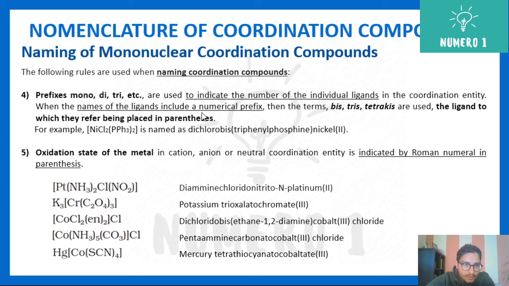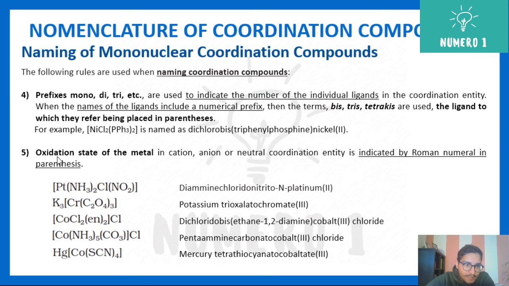That's the difference. Also here you can see NiCl2(PPh3)2. Here I have 2 chlorido, and then PPh3, which is twice. This will be triphenylphosphine, and since it is written in parentheses, I will not write di, I will write bis.